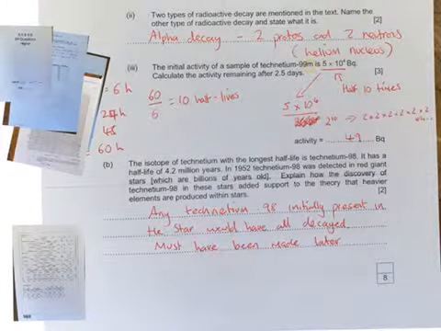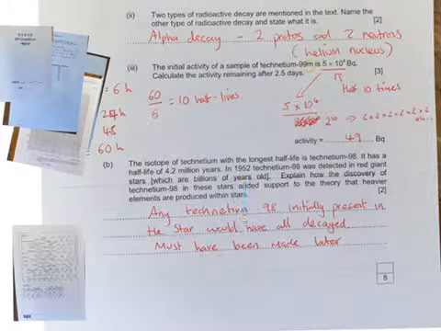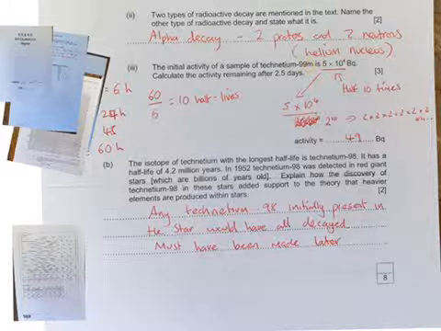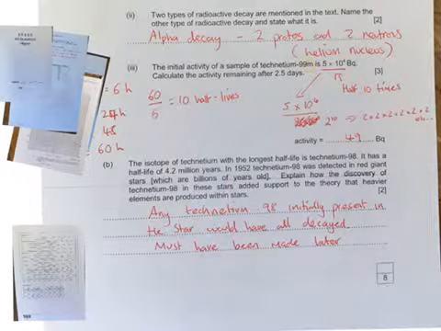So it must have been made later on, in those stages in the life cycle of a star, such as supernova, and then they collapse. They become a red giant, and then they explode, and then they either turn into a neutron star or black hole or a white dwarf, depending on the size of the star. But these heavier elements are going to get made in that later stage.